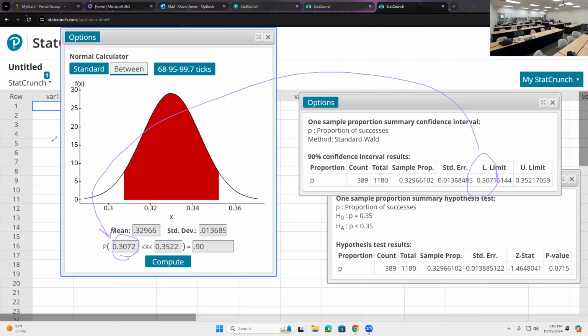And compared to the upper limit to 4 decimal places, these two match. So the lower limit and upper limit are pulled from the normal calculator. When you're doing the confidence intervals, it's actually doing all the normal calculator work for you. And 40% is way outside of it.